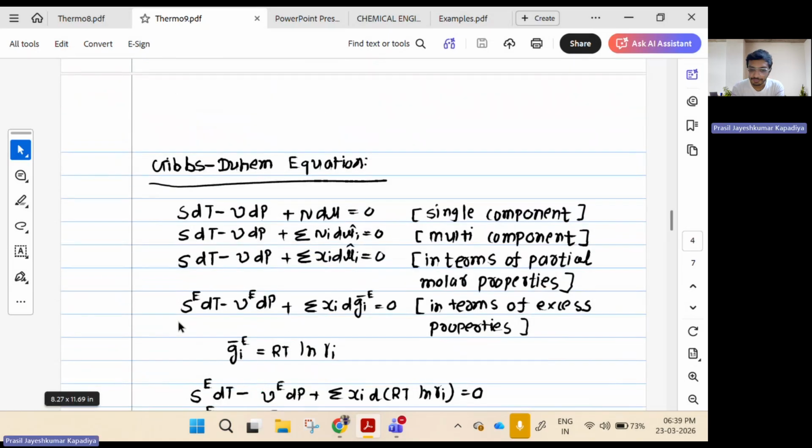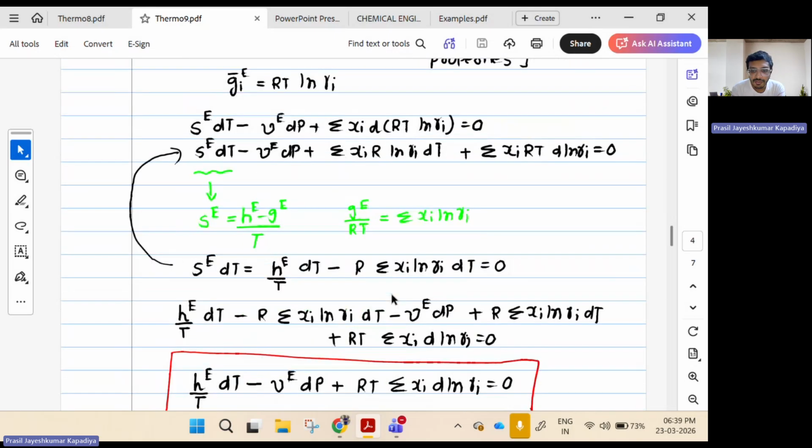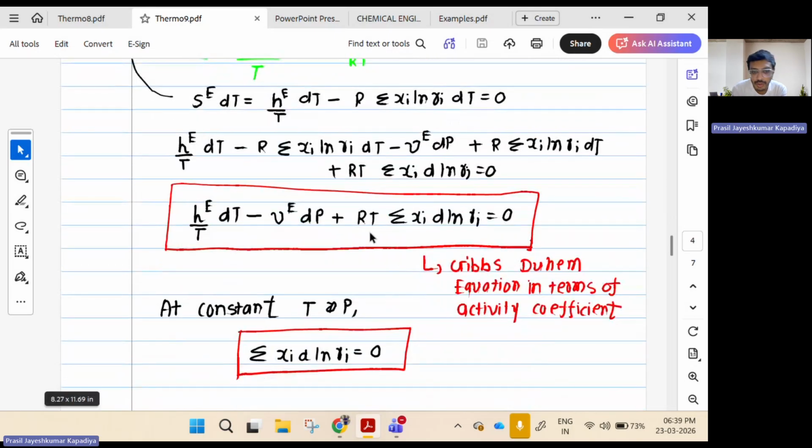So from here, SE dT minus VE dP plus summation Xi d Gi bar excess is equal to 0, we derived this equation in terms of activity coefficient, which is HE by T dT minus VE dP plus RT into summation Xi d ln gamma is equal to 0.